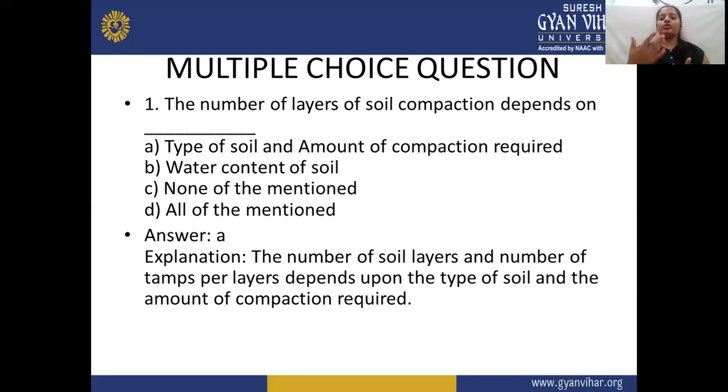Again, each soil has its own compressibility, and certain equipment is specially designed to deal with such soil types. The number of soil layers and the number of tamps per level depends upon the type of soil and the amount of compaction required. So we understand this.